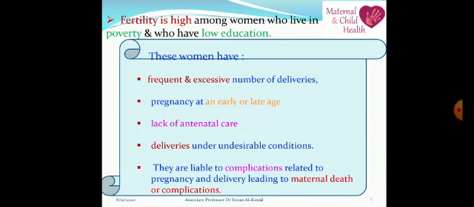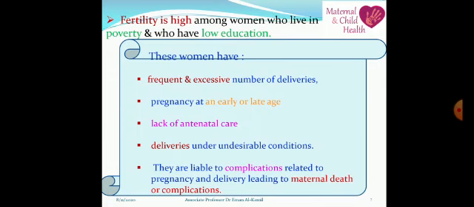In developing countries, especially in poor families, they usually marry their children at a young age, before they become 20. So the incidence of marriage before the age of 20 is high among females in the developing countries.